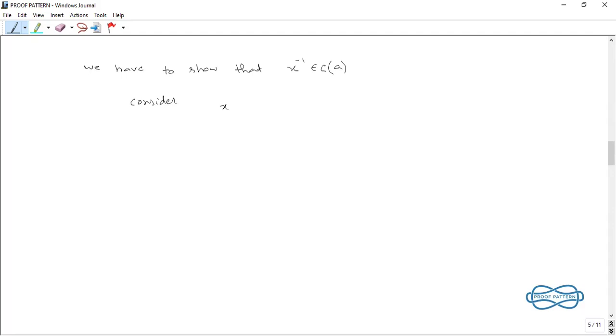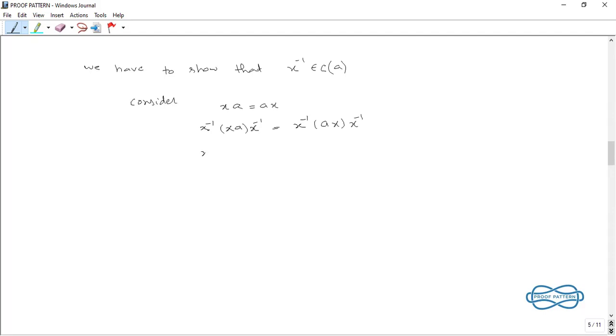We consider xA is equal to Ax. We pre and post multiply with x inverse, and that is equal to x inverse A x x inverse.